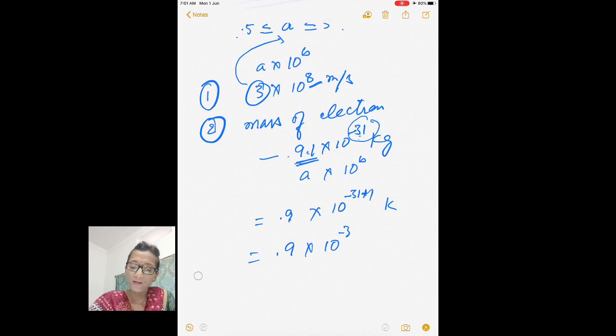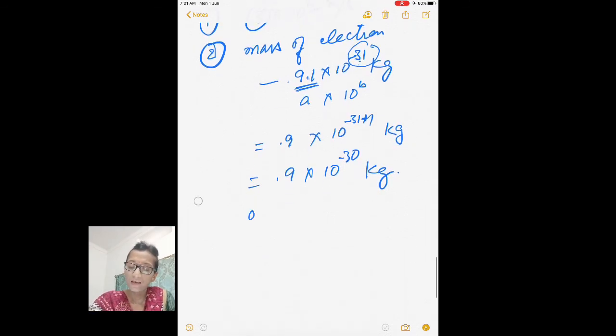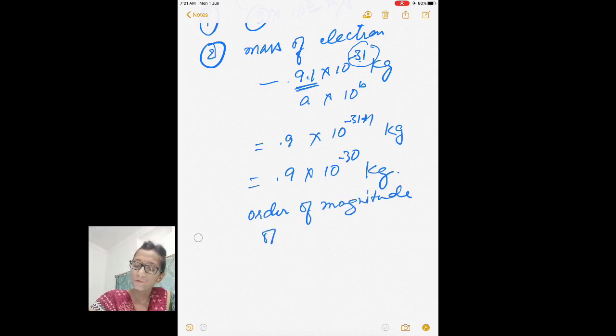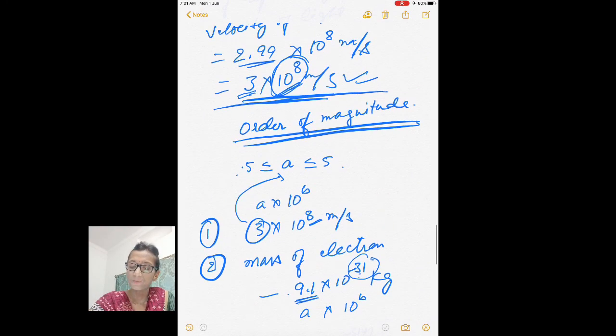This is equal to 0.9 into 10 power minus 30 kg. So the order of magnitude of the mass of electron is equal to minus 30.